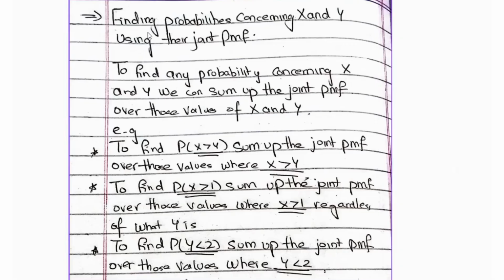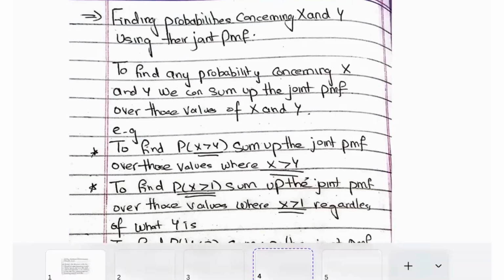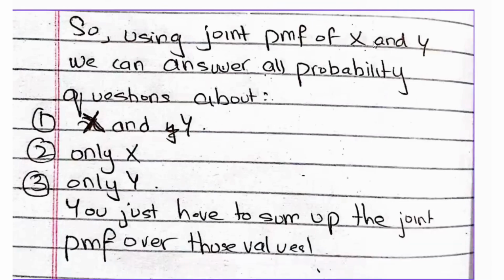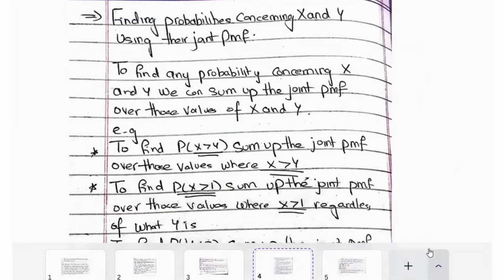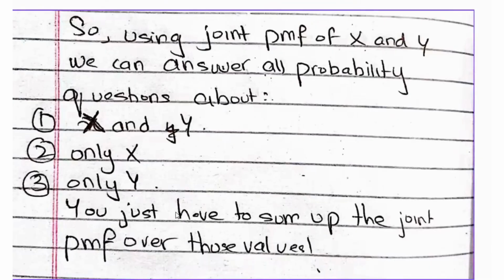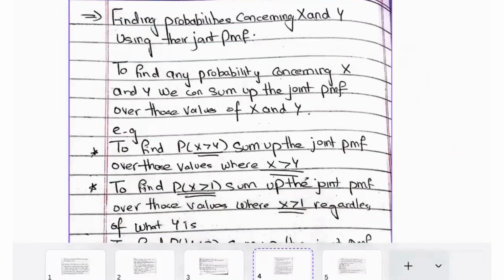So the key is that to find any probability concerning X and Y using a joint PMF, you can sum up the joint PMF over those values of X and Y. This allows you to find probabilities concerning both X and Y, just X, or just Y. So using the joint PMF of X and Y, we can answer all probability questions about X and Y, like we found the probability X is greater than Y. We can answer questions related to only X, like the probability X is greater than 1, and questions related to only Y, like the probability Y is less than 2.